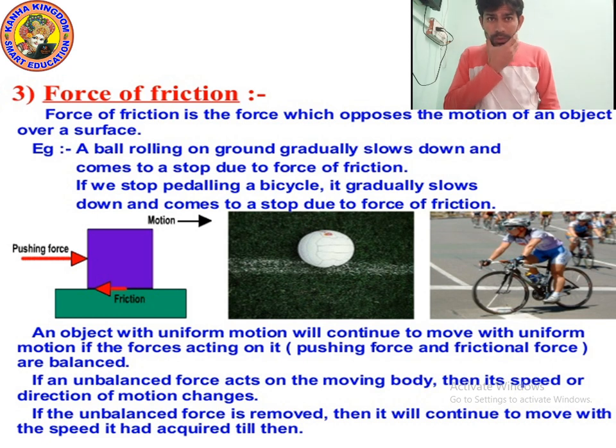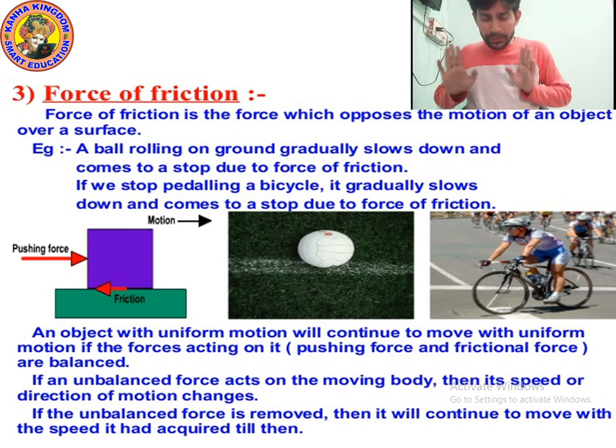If a force is pushing an object forward, then at that time friction force will also apply, but it will apply backward. For example, suppose you are pushing a table.